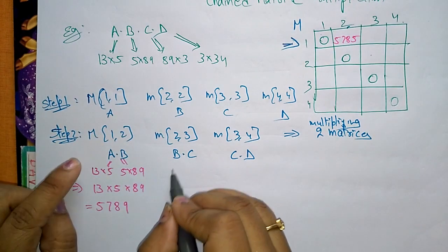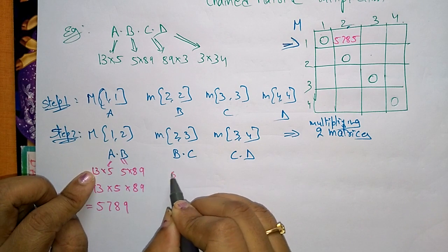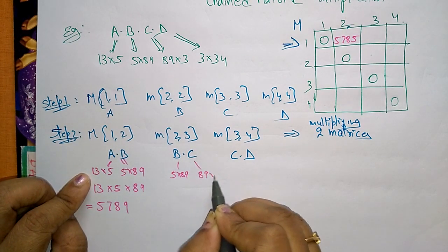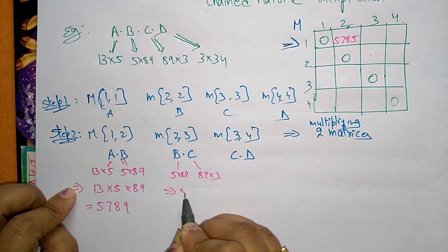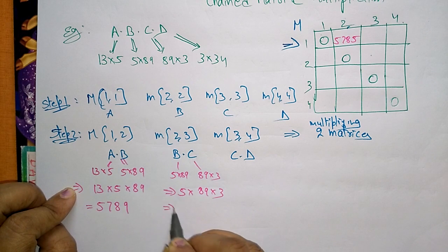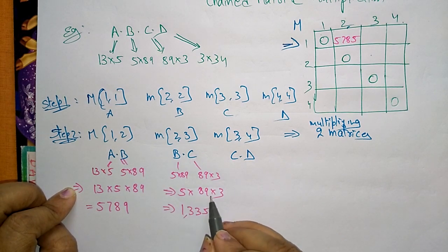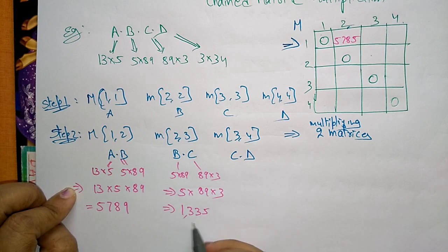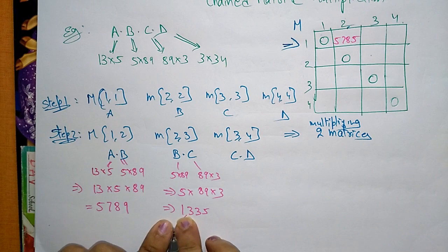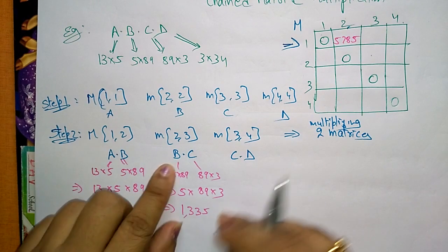Now B dot C. The size of B is 5 by 89, and C is 89 by 3. So from this, 5 into 89 into 3, the result is 1335. When you multiply 5 into 89 and 89 into 3, you will get 1335. I already calculated it, so I'm directly writing the number here.